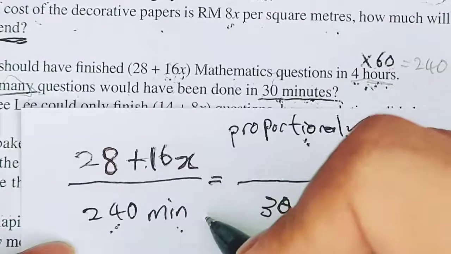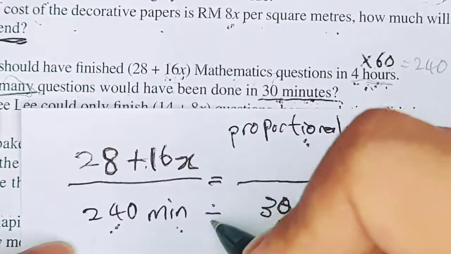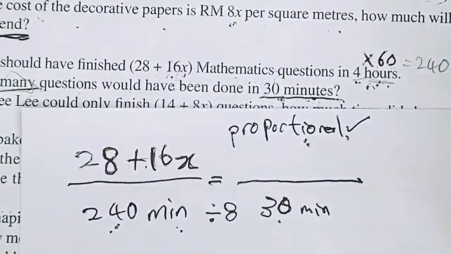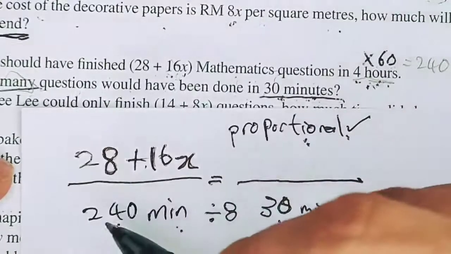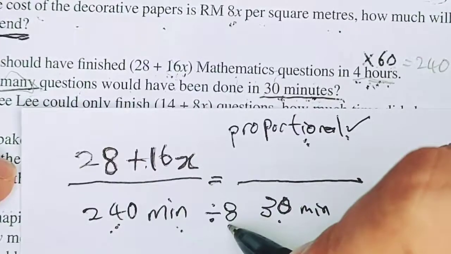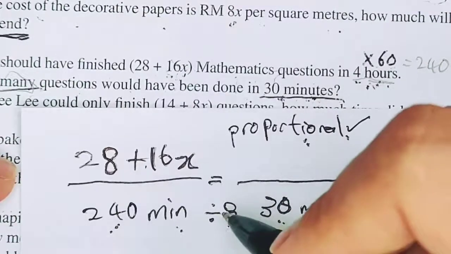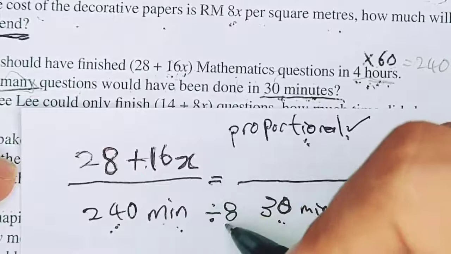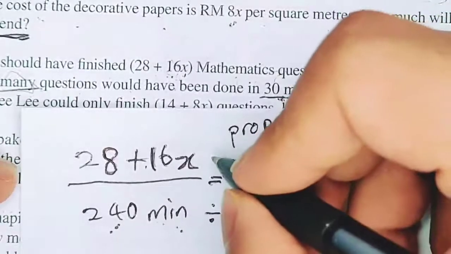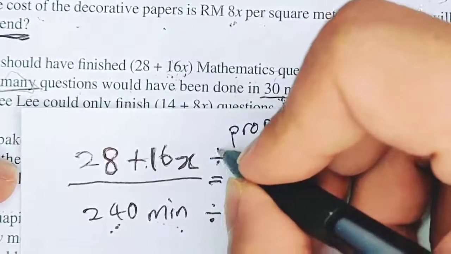It is by dividing by 8. Correct? So 240 minutes divided by 8, we get 30. If the denominator is divided by 8, so does the numerator, the upper numerator.